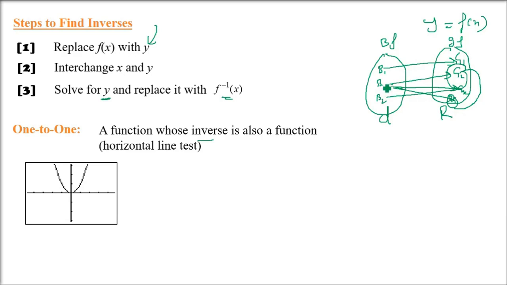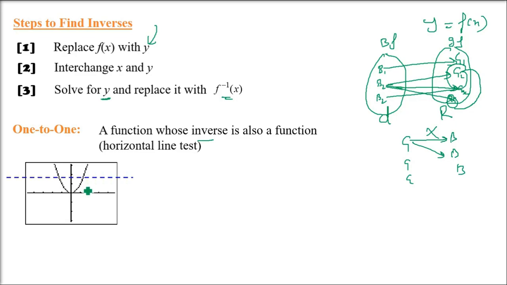And by the definition of a function, one x value cannot have two y values, because ultimately when we take the inverse, we will interchange these two sets. A will become the B set, B will become the A set. So now when we take this scenario, this is not a function. A girlfriend cannot have two boyfriends if you reverse this.